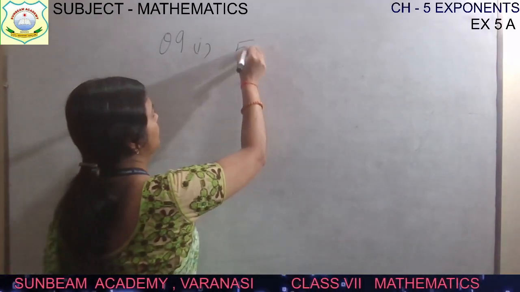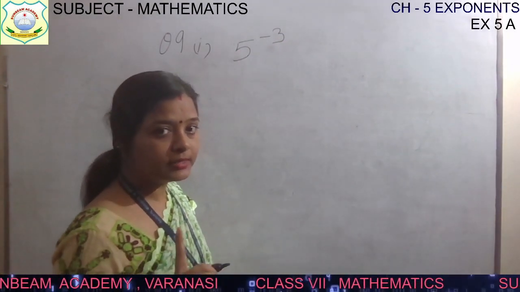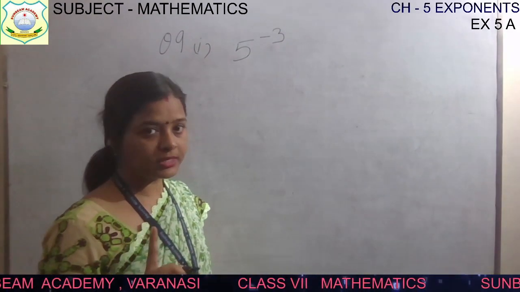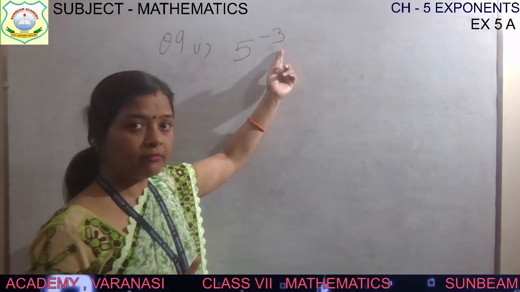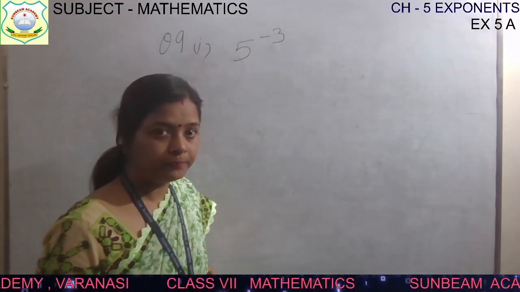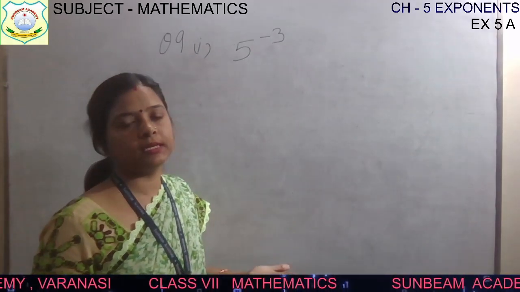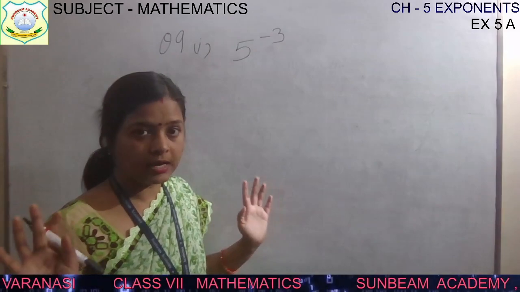5 to the power minus 3. Now you know that if the power is negative, then first we have to make it positive and then we can express it as a rational number or integer or whatever is being asked.